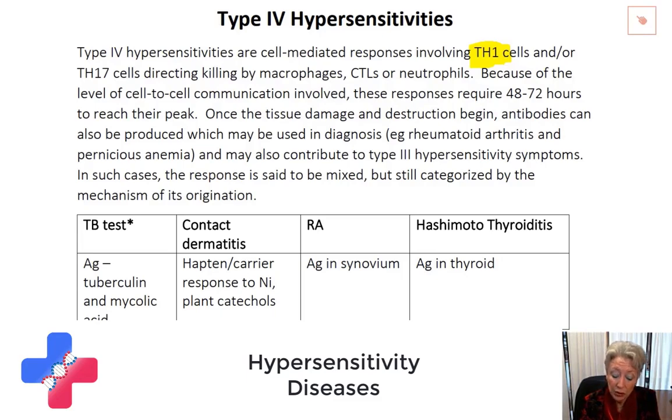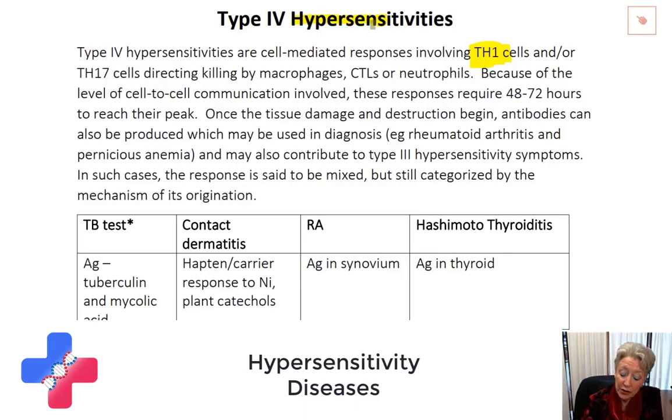They can use macrophages as the end effector, because remember, I actually have 4 different types of effector on that arm of the immune response, but I don't involve natural killer cells because they don't have memory. And remember, hypersensitivities mean I have to have something that has memory of having done this before.